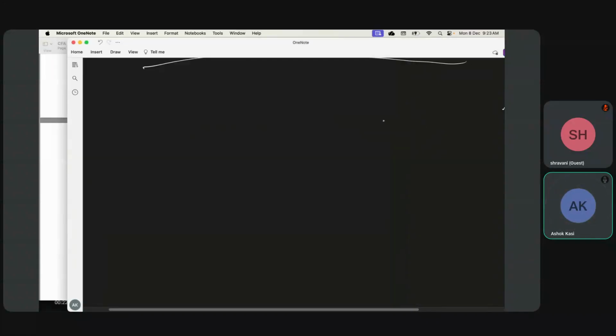Null hypothesis means what? Null means no change. So no change means we say it is equal to 0. Alternative is not equal to 0. So null is the general belief.